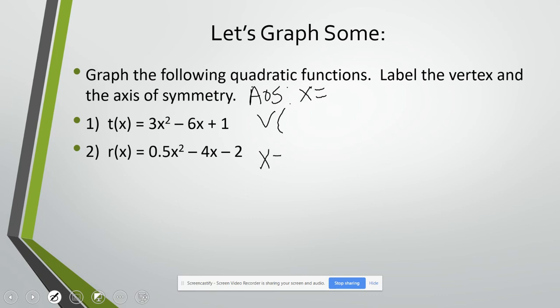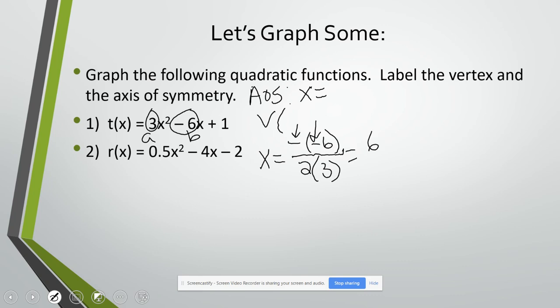So x equals negative b. Here's b, here's a. So b is negative 6. Remember, this negative right here is from our equation, the negative b over 2a, and this negative is because our 6 is negative, over 2 times a, which is 3.